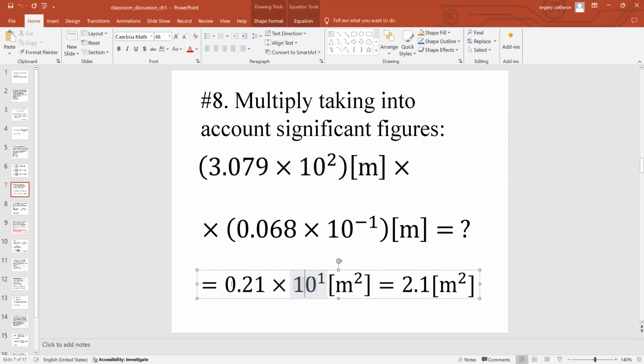At least if you get the idea of why you rounded to 0.21 because it's 2 sig figs, and you get the 10 to the power of 1 because you're doing the powers here, and you keep track of units, that's all that really matters to me. But if you multiply by 10 one time, your 0.21 becomes 2.1. Okay, moving on.